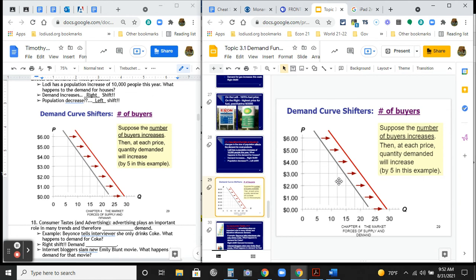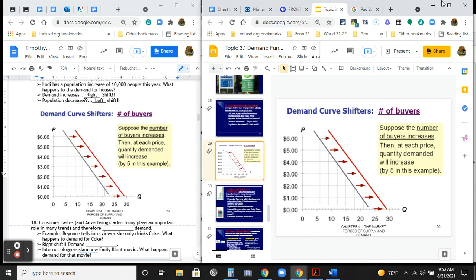At 4, you'll go from 12 to 20. At 3, you'll go from 15 to 22-ish, I guess. So in other words, as the number of buyers goes up, the demand at each price goes up.